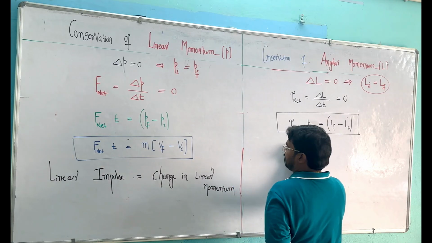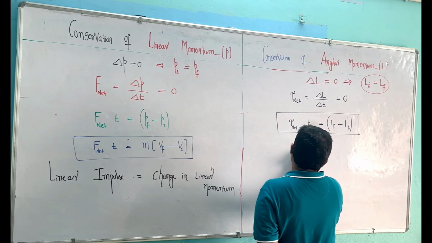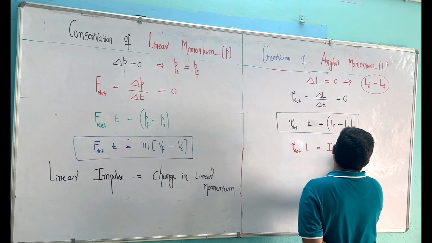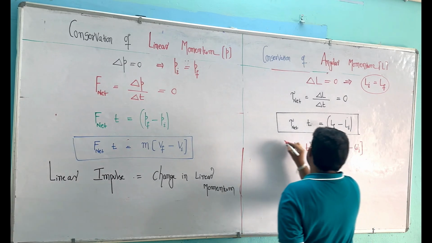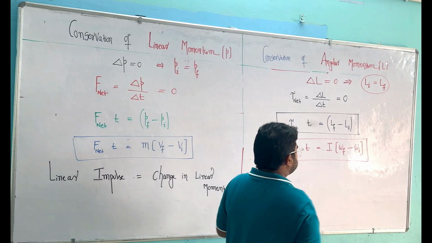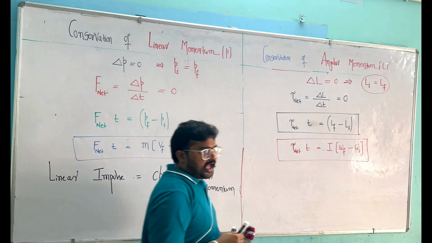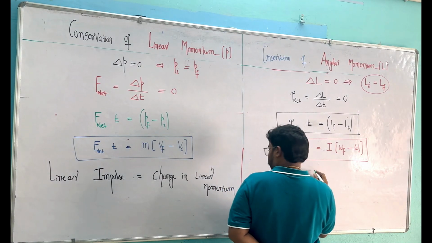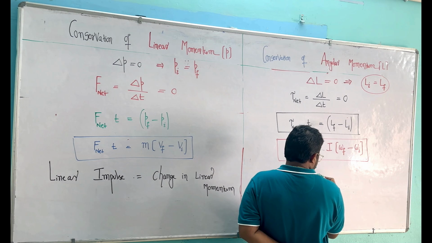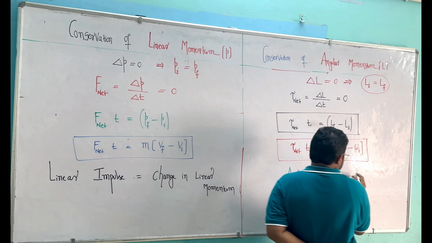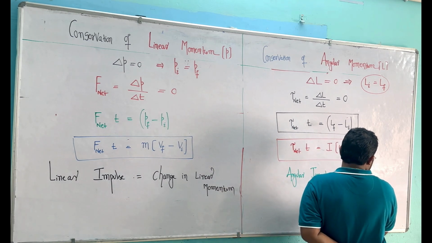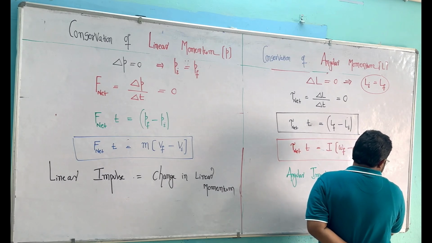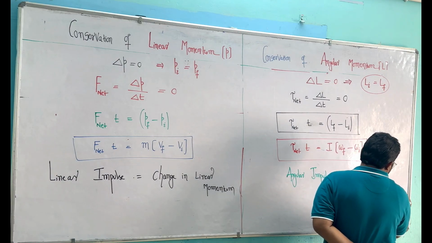What about this? Tau net into T can be written as I into omega final minus omega initial. This is what? Angular impulse. Angular impulse equal to change in angular momentum.